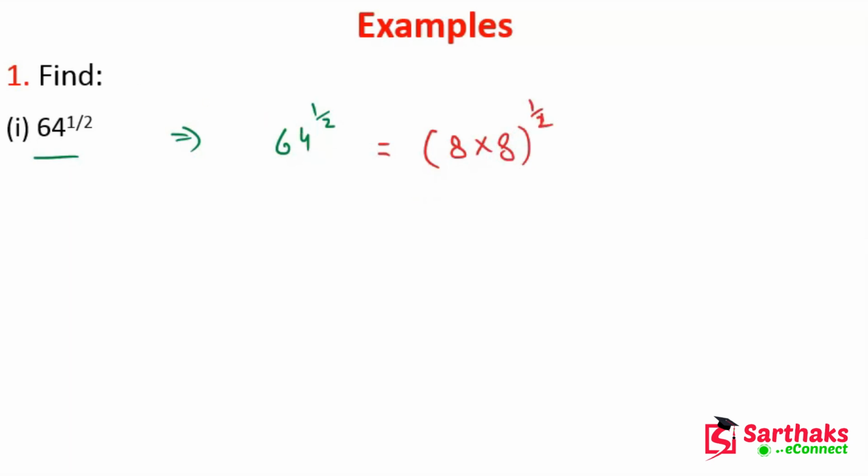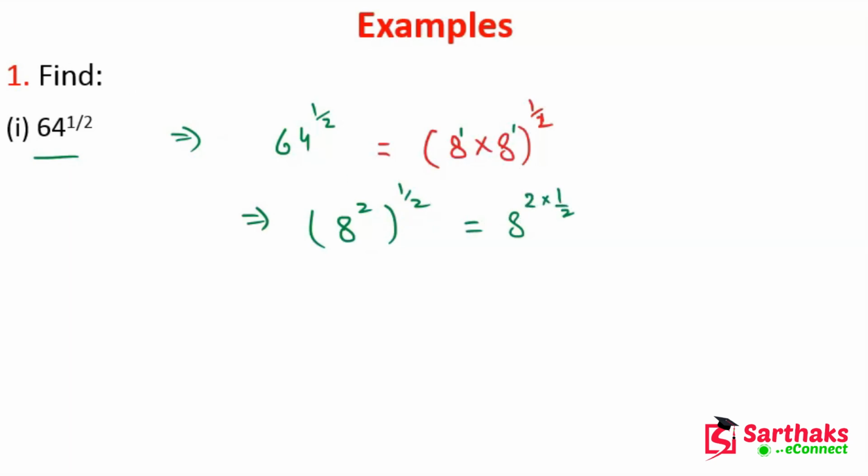Here the power is 1 and here is 1, and the base is the same, so we can add the powers: 1 plus 1 is 2, and this is 1 upon 2. Now here is A raised to power M and whole raised to power N, so we have to multiply the powers. We get 8 raised to power 2 into 1 upon 2.